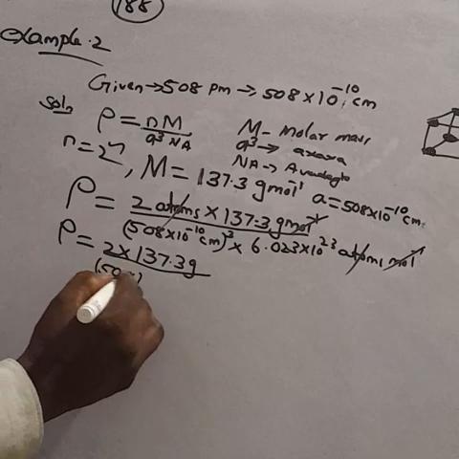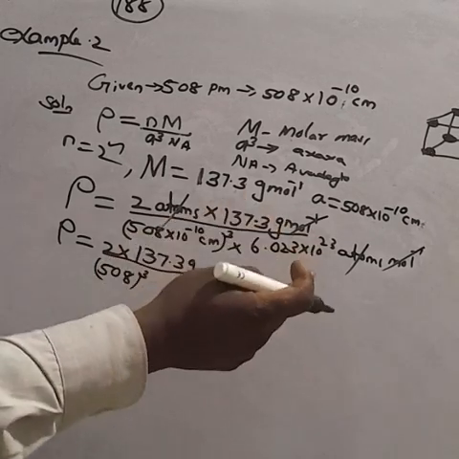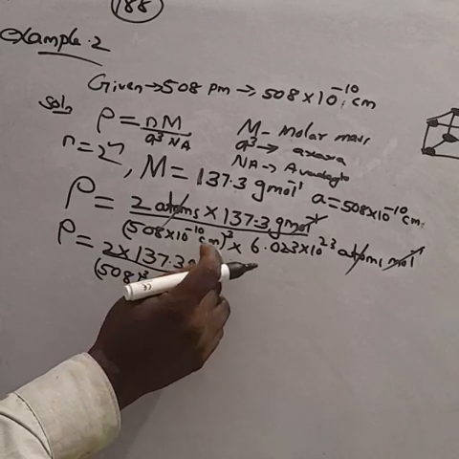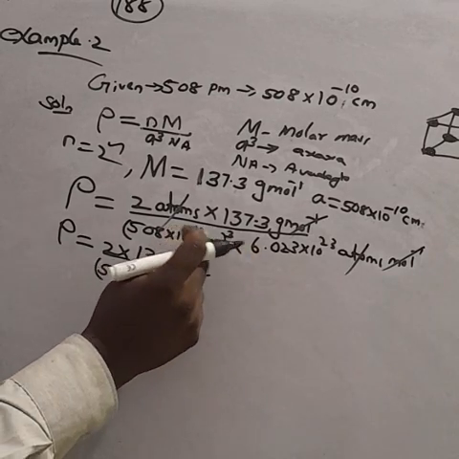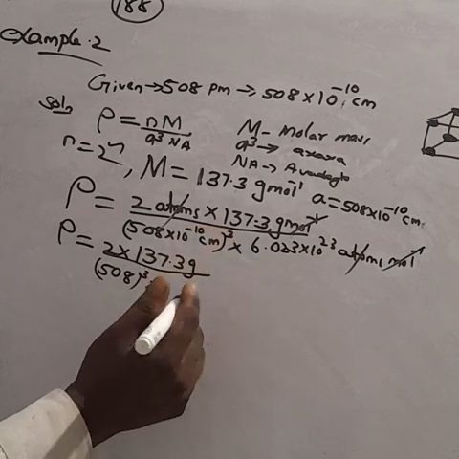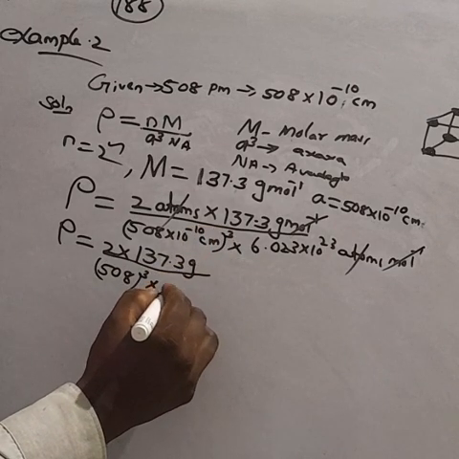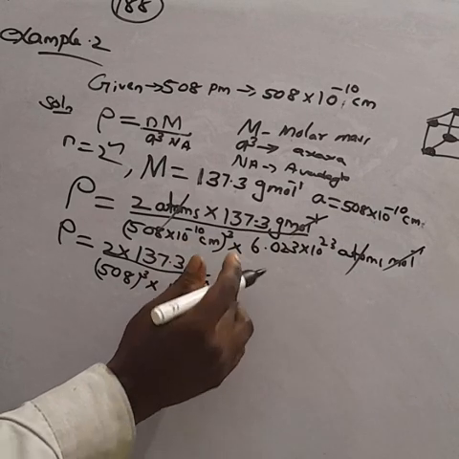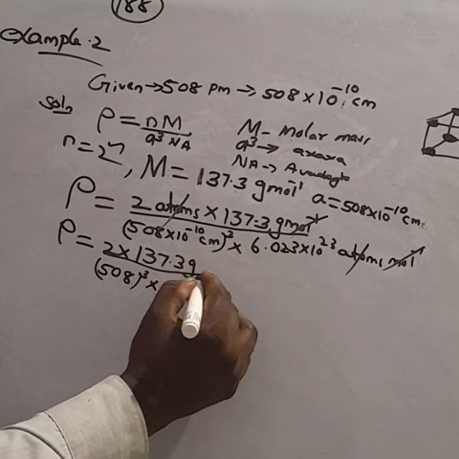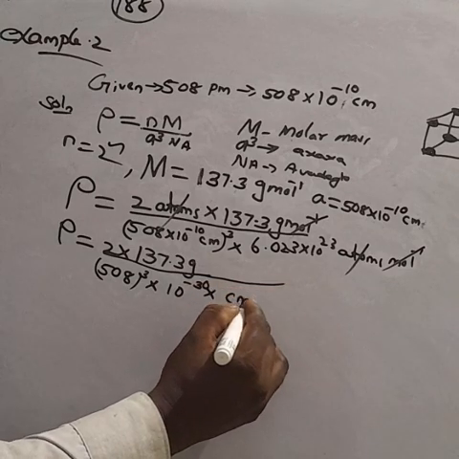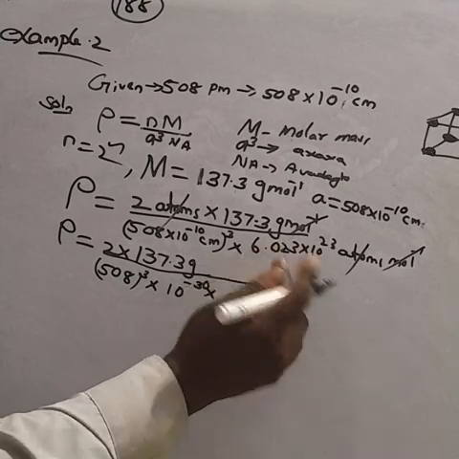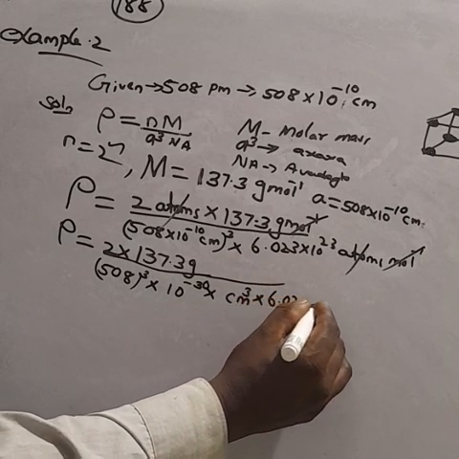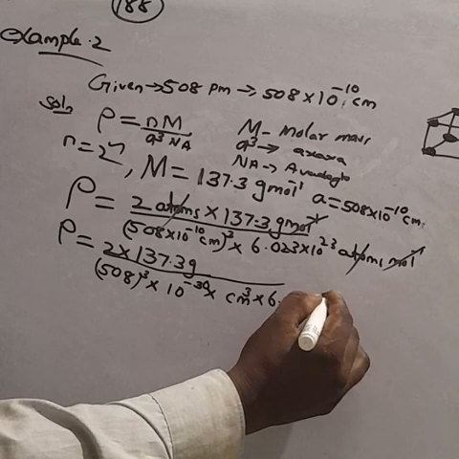I am taking this 10 raised to minus 10 outside, so 10 to the power minus 10 into 3 can be written as 10 minus 30, into centimeter, also having cube. So I am going to write centimeter cube into Avogadro number 6.023 into 10 raised to 23.